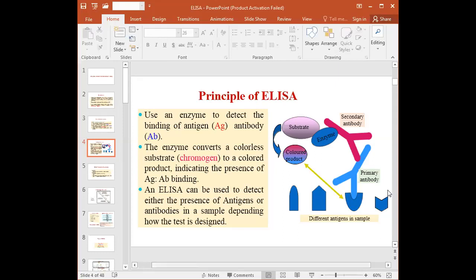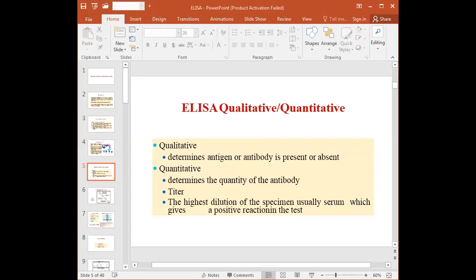This colored end product is measurable as a function of the quantity of antigen or antibody present in a given sample. By quantifying the intensity of the color, or optical density measured at 450 nanometer, we get an indication of the amount of antigen or antibody present in the provided blood sample.